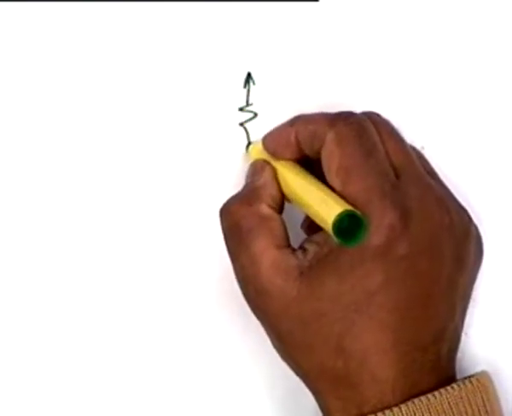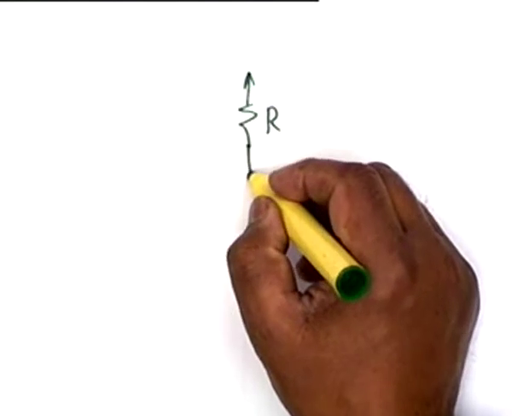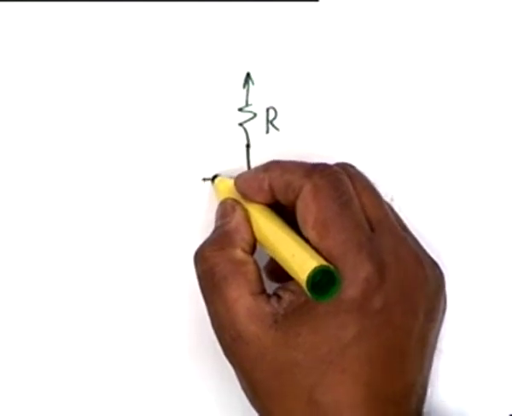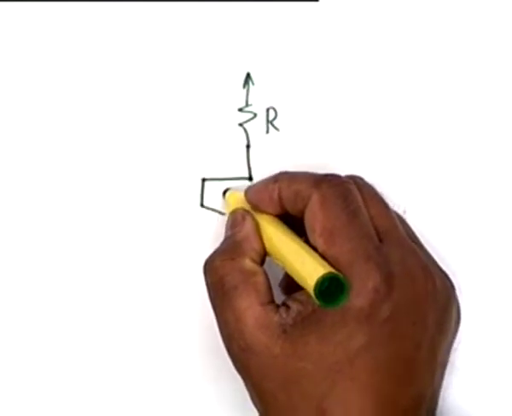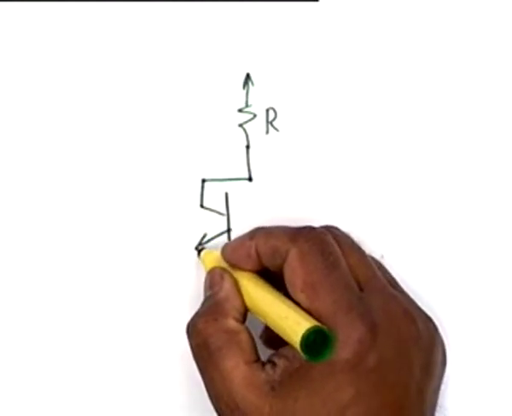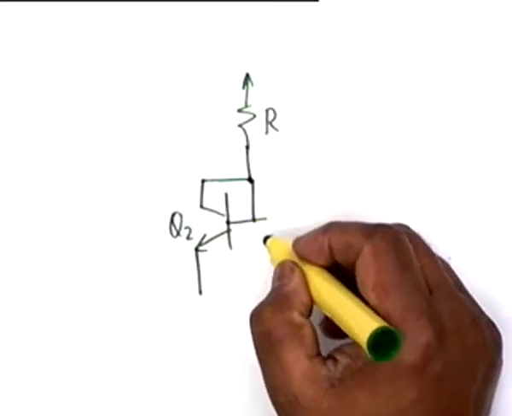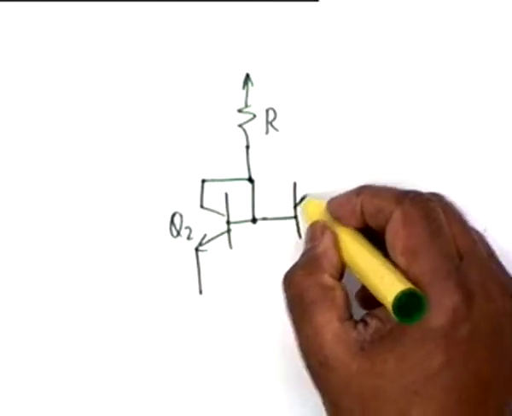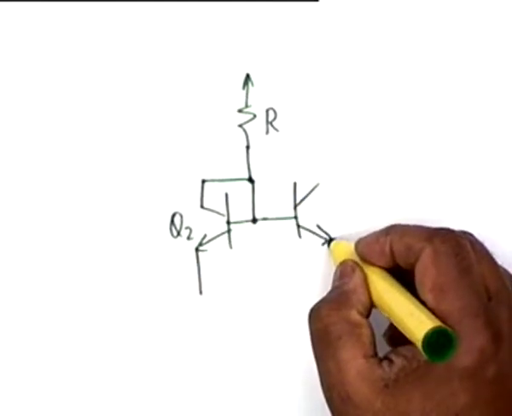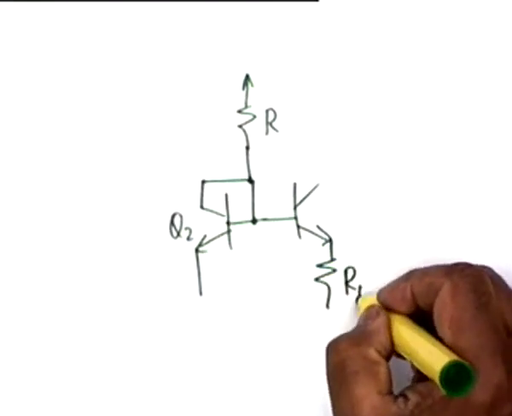The simple current mirror, capital R. Let me draw this circuit again. This was Q2, this is the reference transistor, and then we have the second transistor where we want the current, and this resistance was RE.